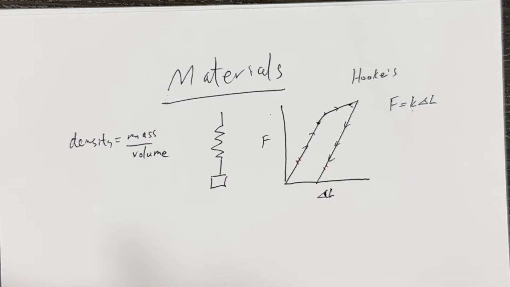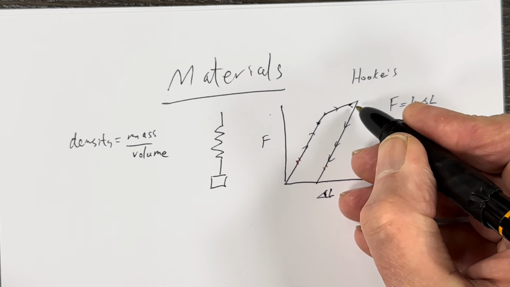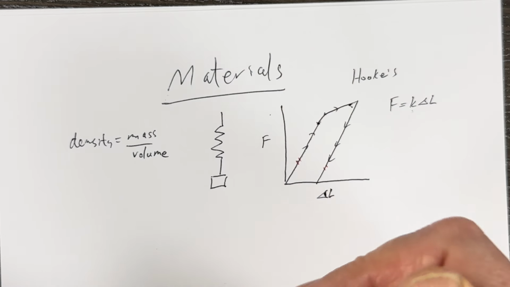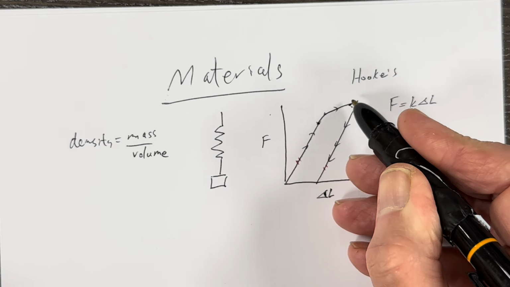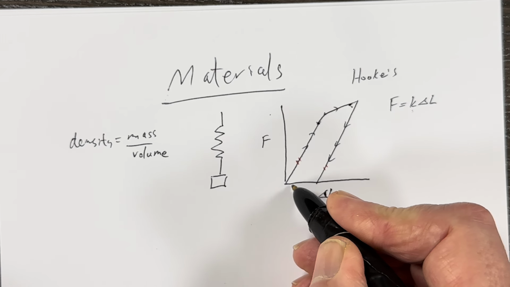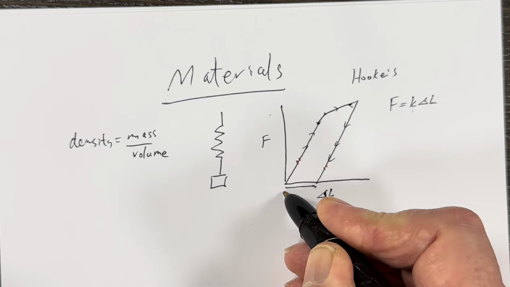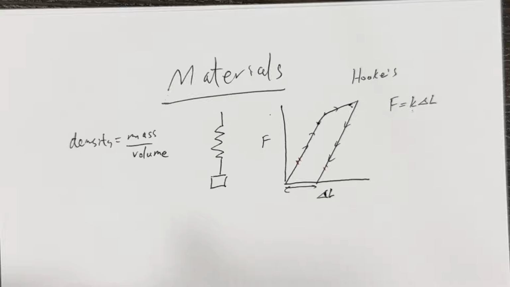And it's the gradient of that line, and it's still got the same stiffness on the way back. However, because it's plastically deformed here, it's not going back to its original length. This is our permanent extension there.